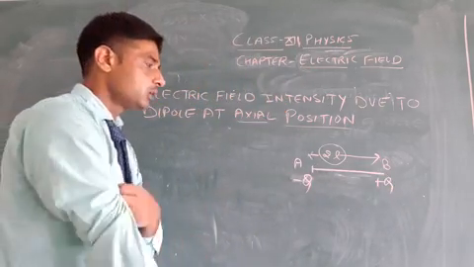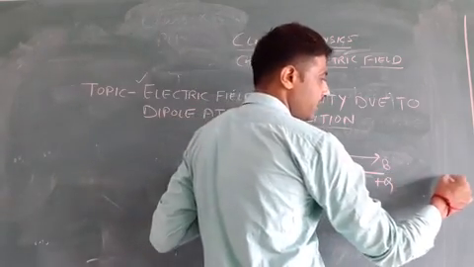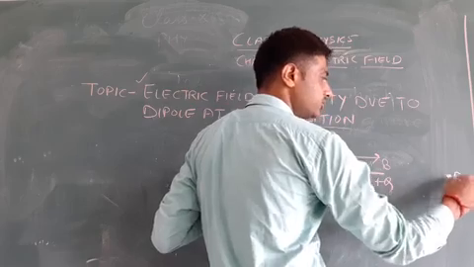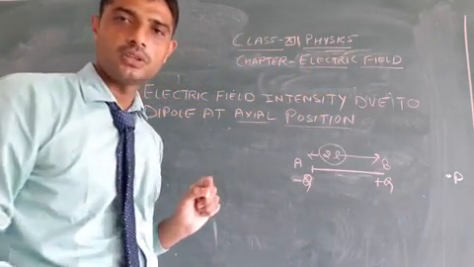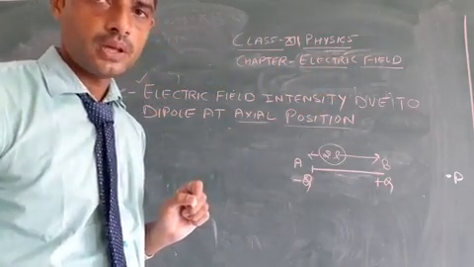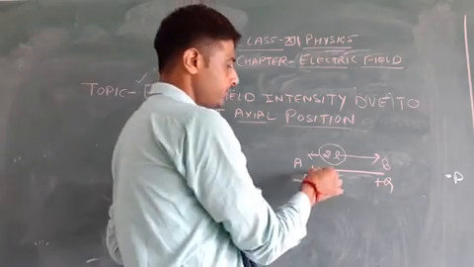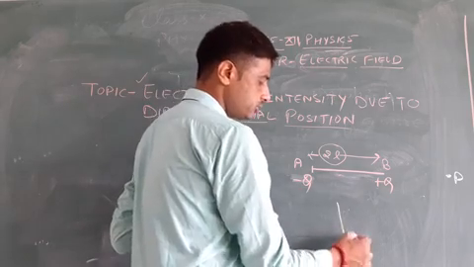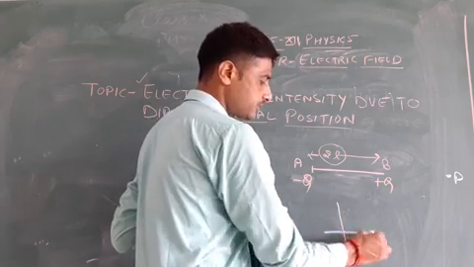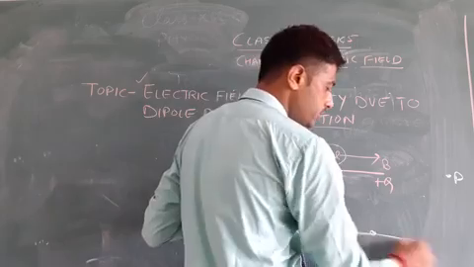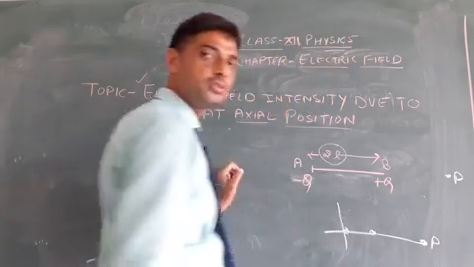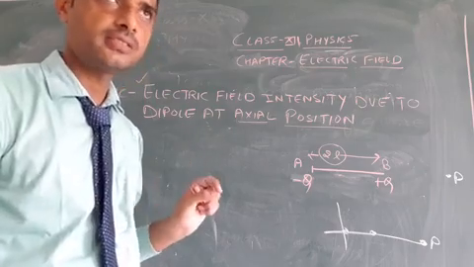A point P is situated in axial position. Axial position means if your dipole is situated on the x-axis, then point P is also situated on the x-axis.